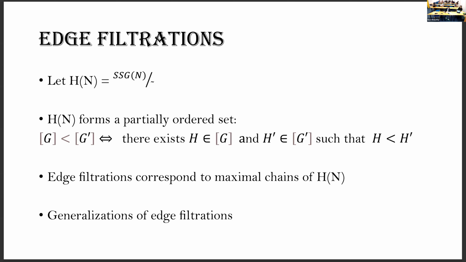So we can view these edge filtrations in HN as a generalized variation of the filtration. And more abstractly speaking, we can consider maximal chains of HN as a type of more general filtration.